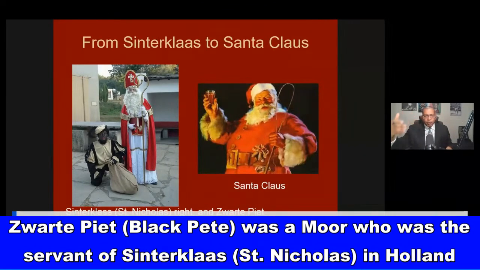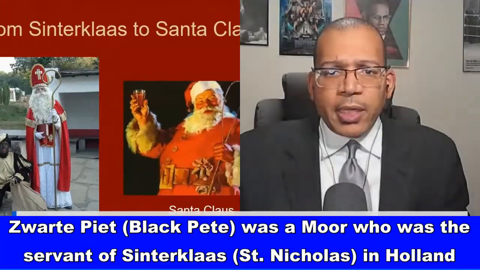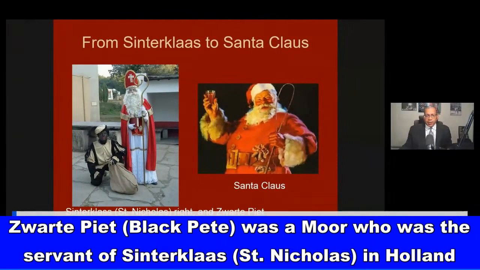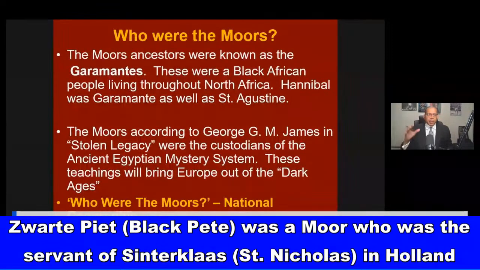And they have the parade beginning in early November, going throughout the Netherlands, and they commemorate Sinterklaas and Zwarte Piet coming from Spain into the Netherlands. All right, coming from Spain. Well, Spain is where the Moors went in 711 AD, led by General Tariq ibn Ziyad, going to the Iberian Peninsula. Okay, so Spain is very important.